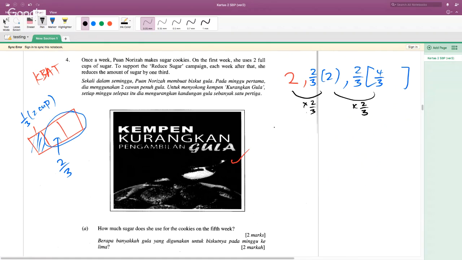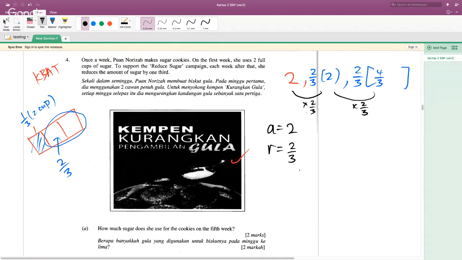So I know my first term is 2, and my common ratio R is 2/3, because she reduced 1/3, therefore it's 2/3.